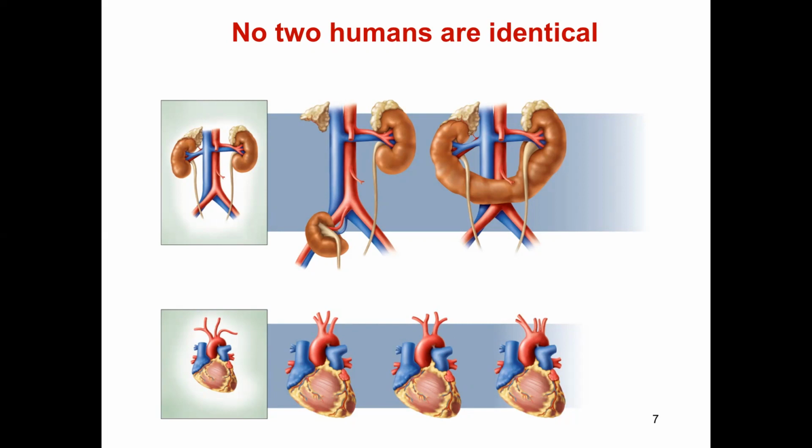It's also why it's difficult to just say one size fits all, and why when you do clinical trials, some people are more receptive to certain treatments than others, all right? Because while we all might have kidney and heart, they don't always look the same, okay? So when you're learning about the form, that would be what you see most of the time, but there are variations on that.